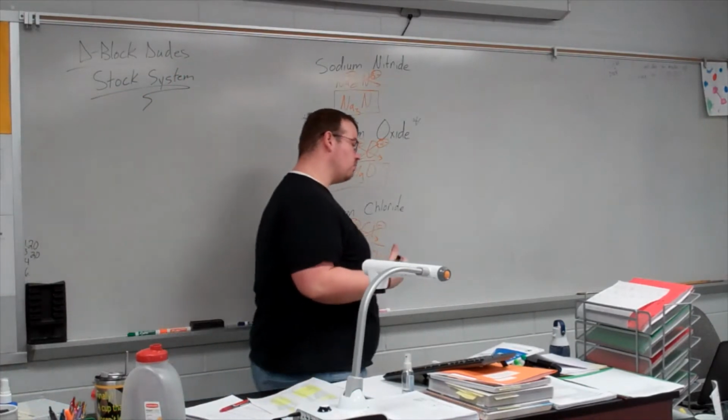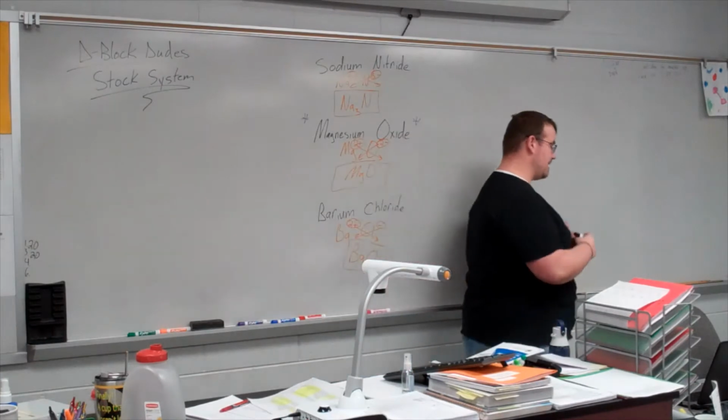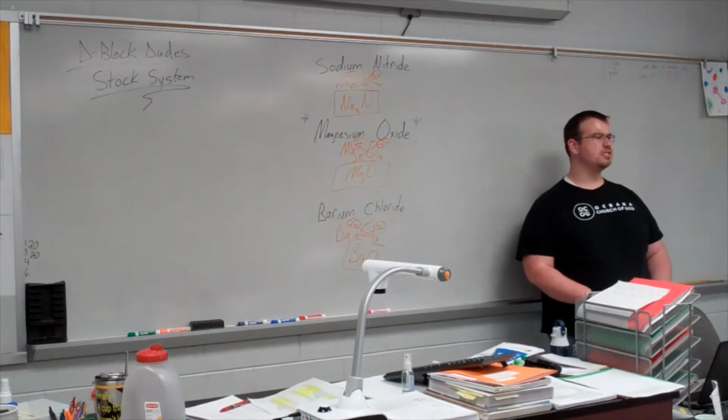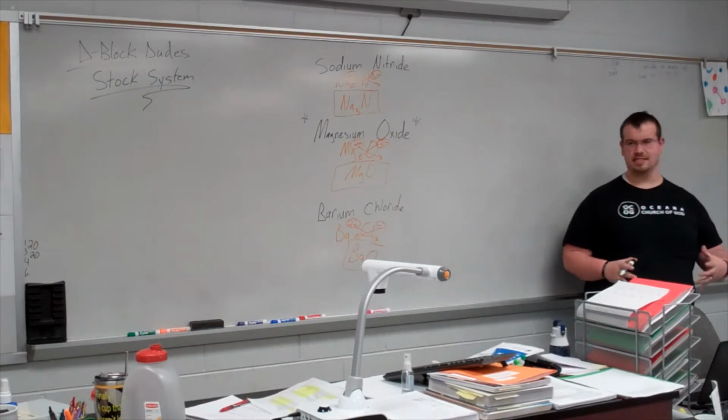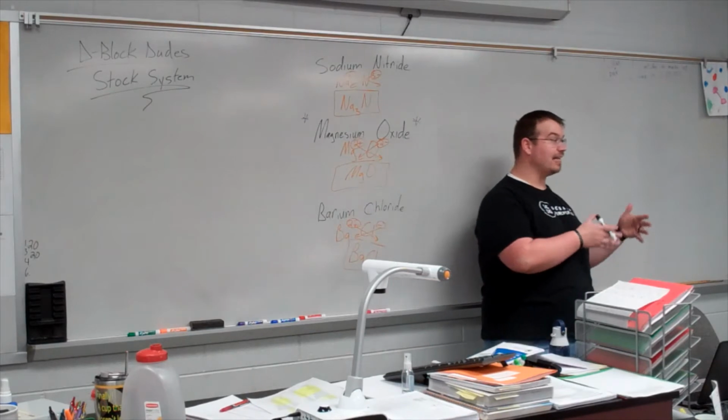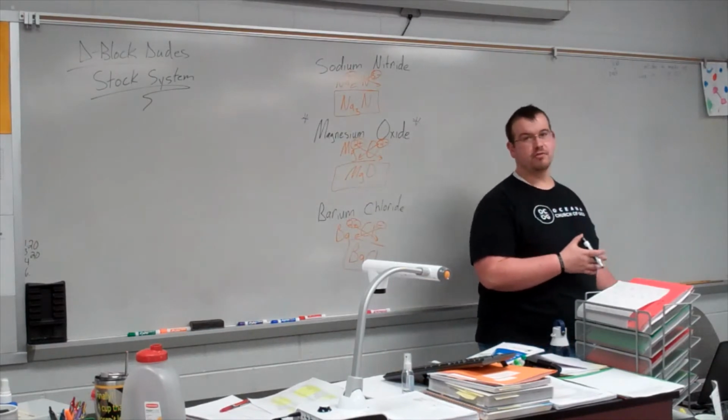Stock system is one that I'm really going to push because it shows what you need to know. It represents charges. It gives you a way to name these things. Now within this, there's a second way based off the Latin names for those elements.